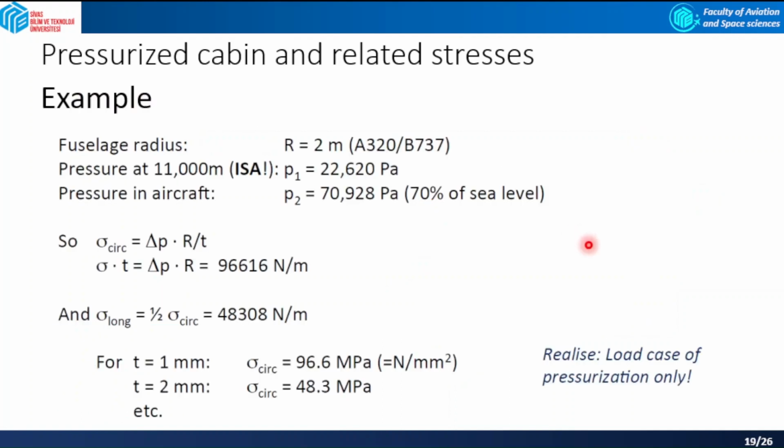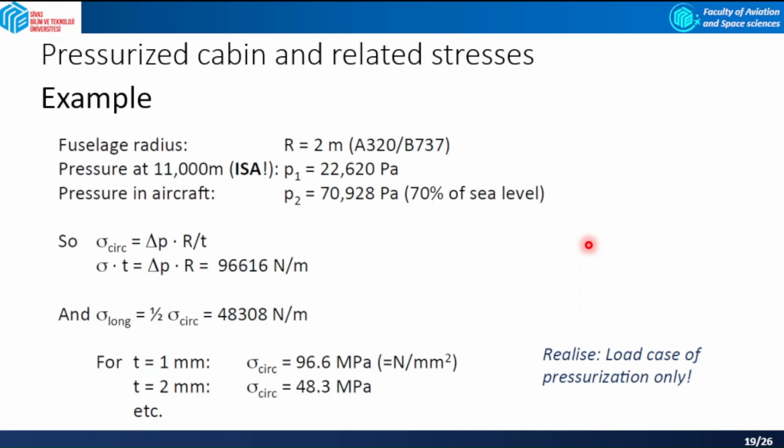So to give you some idea about the magnitude of the stresses, let's consider this example. Imagine that you are flying in a very small aircraft, designed for 50 to 100 passengers, and the fuselage diameter is 4 meters, so the radius will be 2 meters.